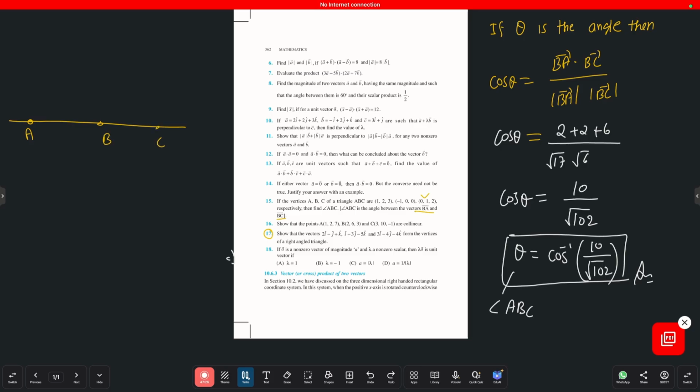One way to prove is to find the AB vector length, the BC vector length, and the CA vector length. If they are collinear, the length of one vector will be the sum of the other two. Either mod AB equals mod BC plus mod CA, or mod BC equals mod AB plus mod CA, or this mod equals this mod plus this mod.